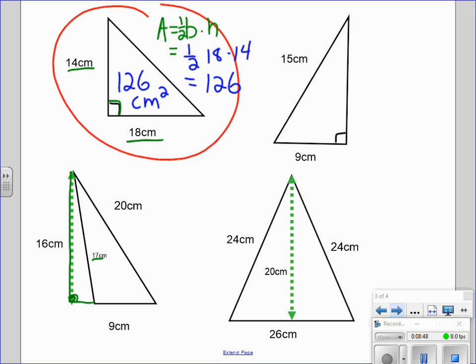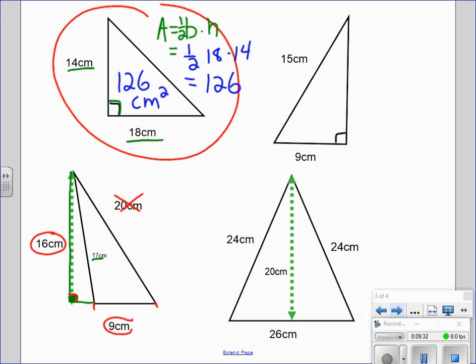And because it's got this little sign in the corner, we know that this is the exactly vertical 90-degree height. So I'm going to use this number and the base of 9, which is from here to here, to calculate the area of this triangle. I'm not going to use the hypotenuse of 20. In fact, you don't even need the number 20 to calculate the area of this triangle. Holy cow, Nukes, are you telling me that you put the number 20 in there just to confuse people? That is not very nice. Scotland would never do something like that. That's truly evil. You should be ashamed of yourself.